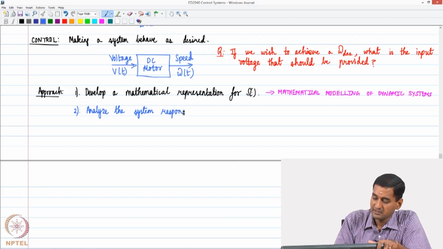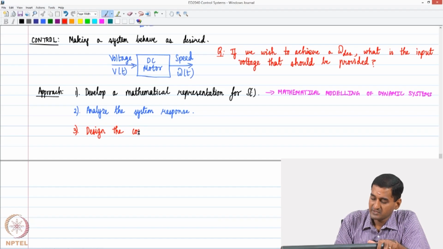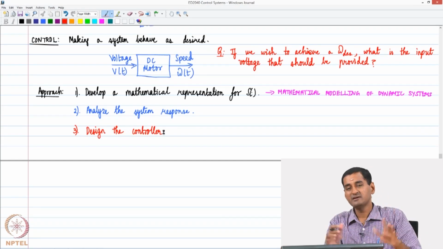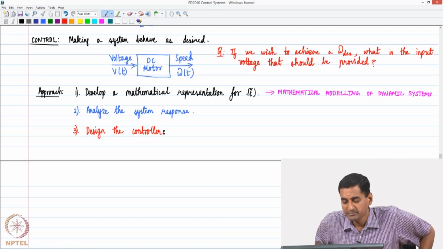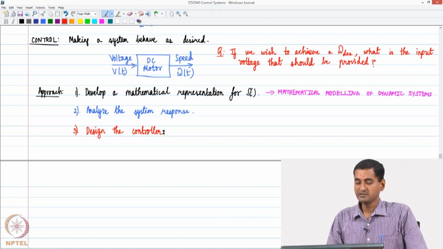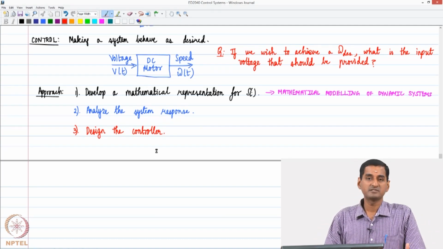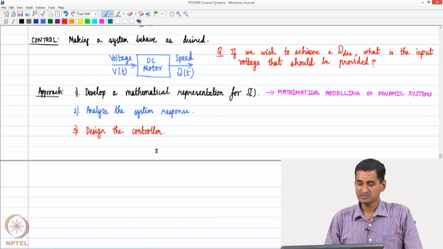And then the third step is to design the controller. So in a very broad sense, a big picture perspective, these are the three steps involved in our approach, which we are going to learn in this particular course.